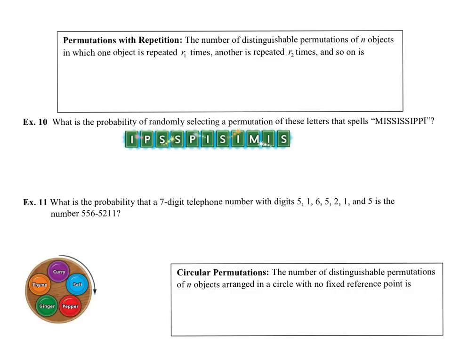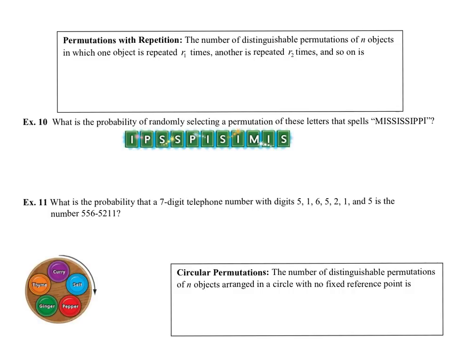Okay, so next we're going to take a look at this formula. It's permutations with repetition. So the number of distinguishable, so that's one difference from another, distinguishable permutations of n objects in which one object is repeated r sub 1 times, another is repeated r sub 2 times, and so on, is the following.